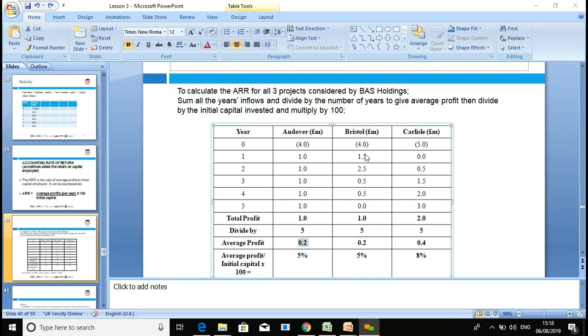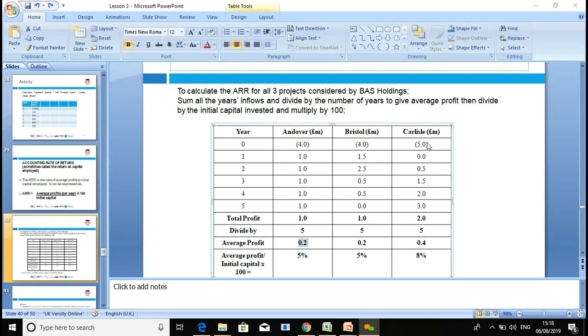But in the second project, in the first year we'll get 1.5 million, second year we'll get 2.5, then 0.5, and then we won't get anything. But it takes 5 years. So the second project is better than the first one because we're getting money in quicker, even though the percentage of the return is the same.